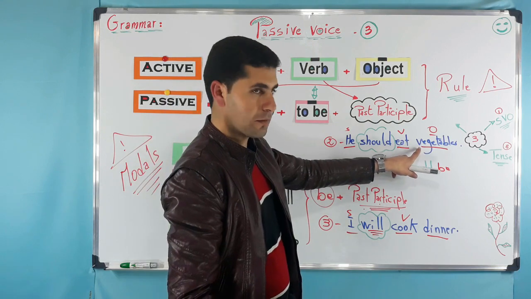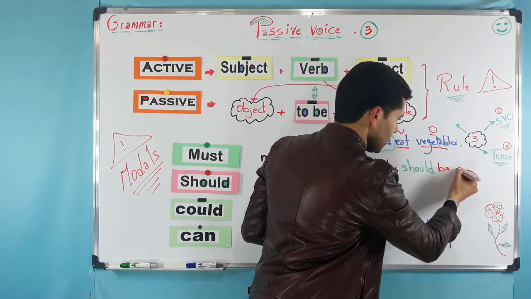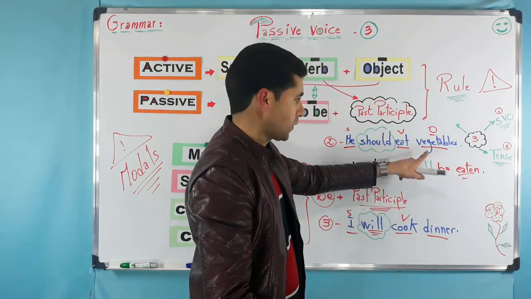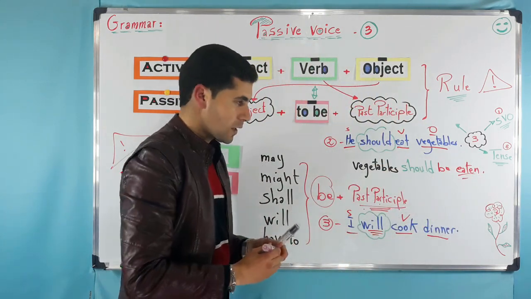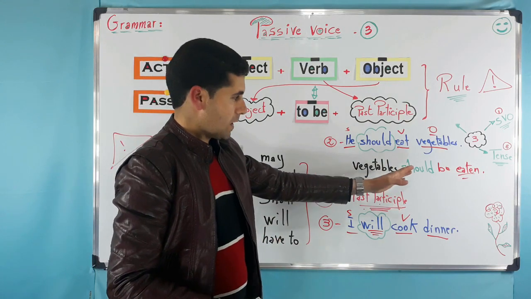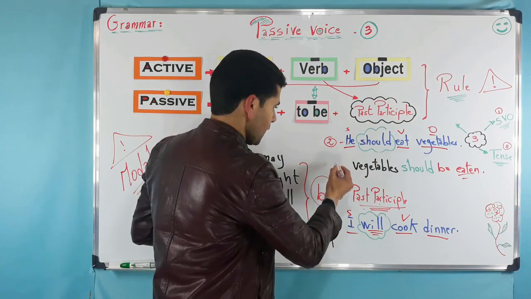The past participle of the verb eat is eaten. So eaten is the past participle of the verb eat. This is the way we make the passive with a modal verb.